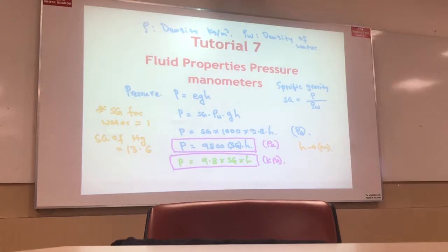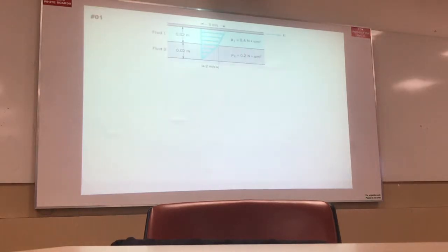So now I am going to question 1. Okay. Question 1 tells you 2 layers of fluid are dragged along by the motion of an upper plate. Two layers means this is layer 1, and this is the second layer, layer 2.